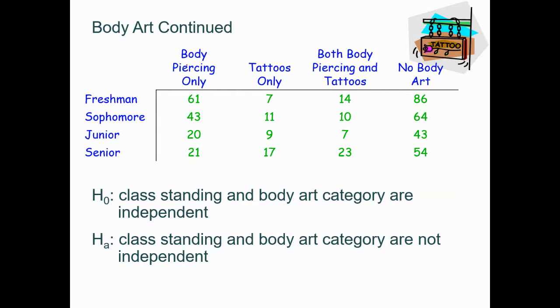So what would our total be for the body piercings only column? 145.